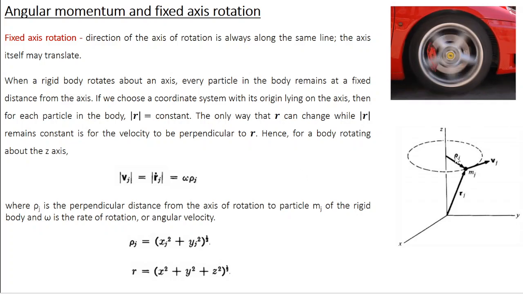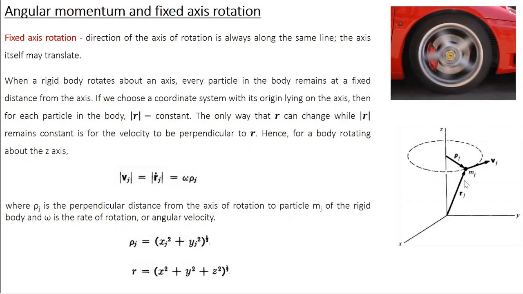Here perpendicular radius is rho, so this is omega rho j. Usually for radius we use the notation r, but here we have already chosen r for position vector. That's why we are using a new symbol rho for the perpendicular distance. So don't get confused with this new notation.